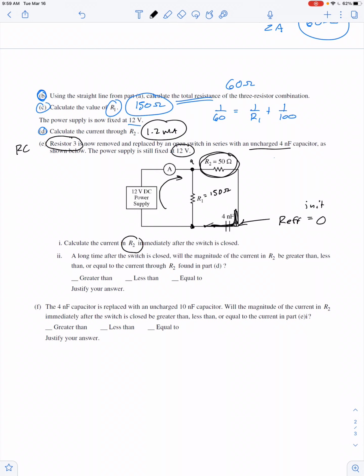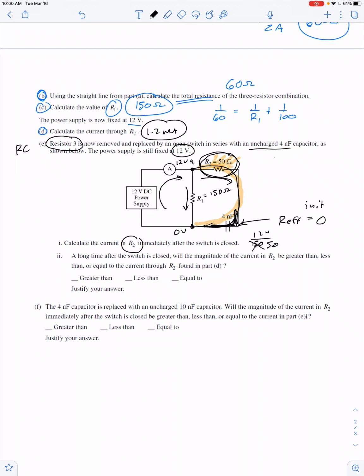The electric potential at point A is 12 volts. The electric potential at point B is 0 volts. So now we have 12 volts divided by, well, if I want to find the current through R1, I would divide by 150. But I want to find the current through R2, so taking the potential difference across the path, in orange, this is a path with a potential difference of 12 volts, and it's also a path with a resistance of 50 ohms.